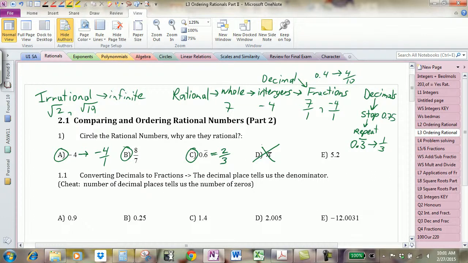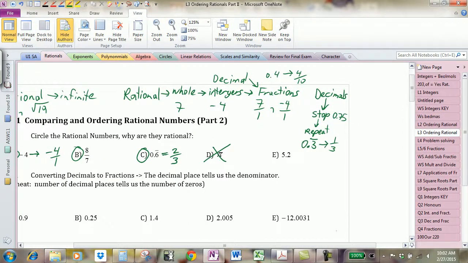It's irrational. Oh, 5.2. What is that as a fraction? Well, the whole number is 5, so it's a mixed fraction. And what's the place value of the 2? Tenths. So it is 2/10. We're going to be doing that a lot, converting decimals to fractions. It's a very, very important skill.